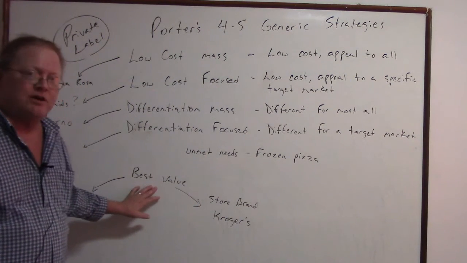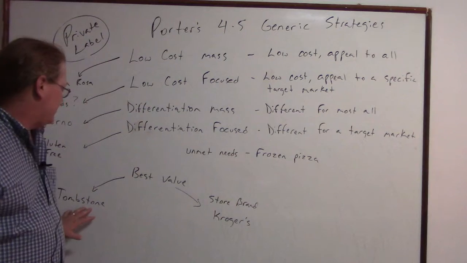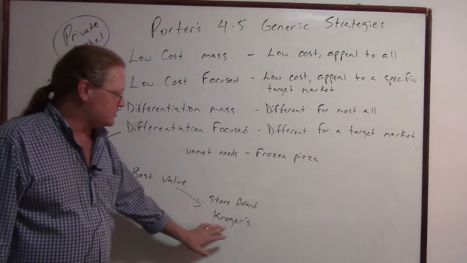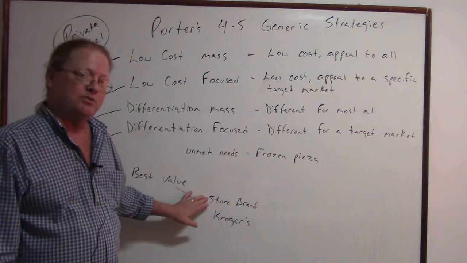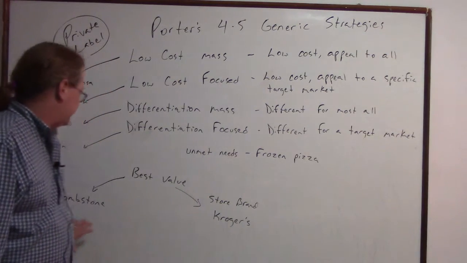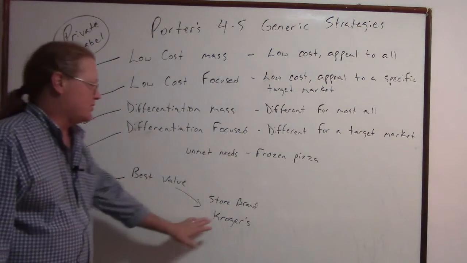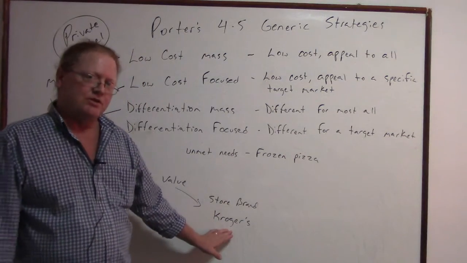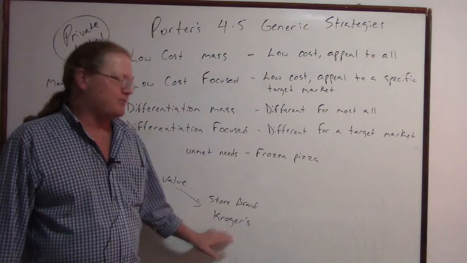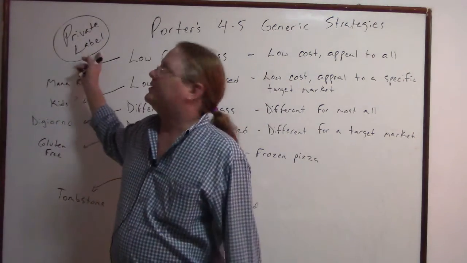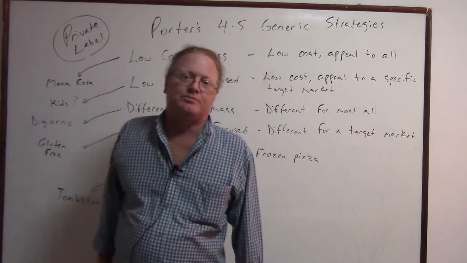So it's great value. And when you go to a store such as Kroger, you'll see the store brand of frozen pizza, and it is very much like Tombstone. Kroger, as far as I know, it's a major grocery chain, is not in the business of making pizzas, but I would imagine it's a private label.